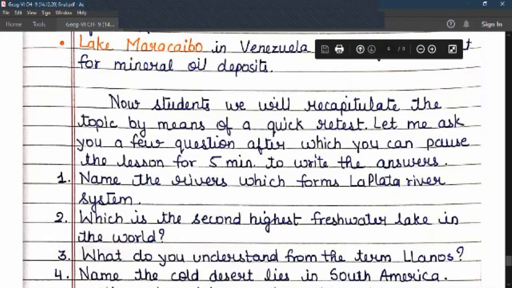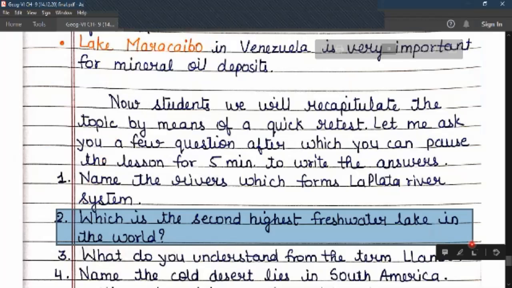Question number 1. Name the rivers which form the La Plata river system. Question number 2. Which is the second highest freshwater lake in the world?